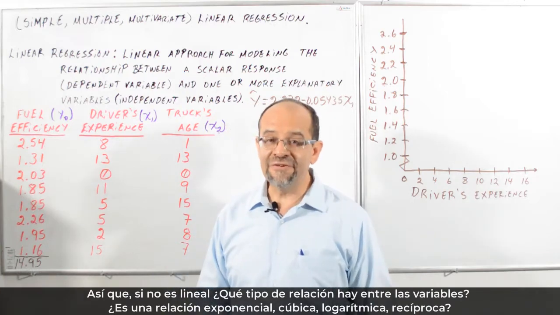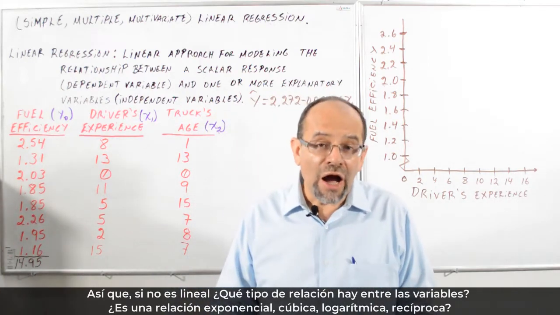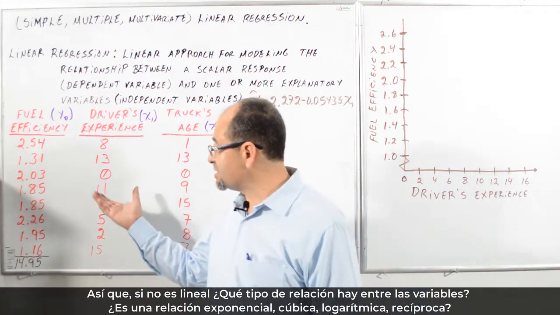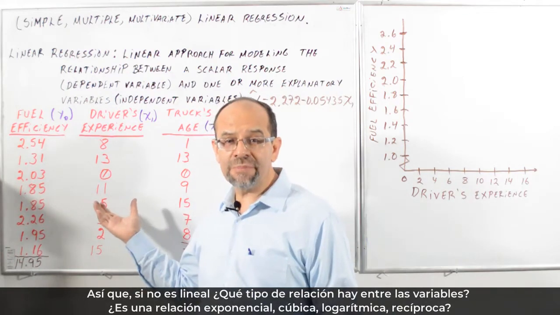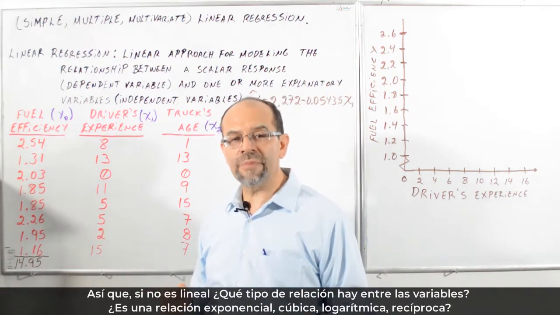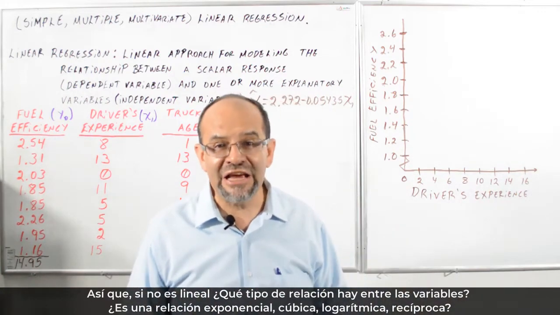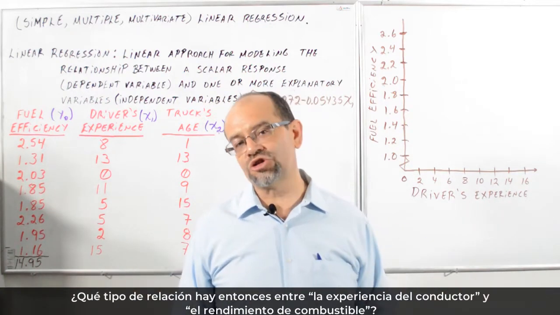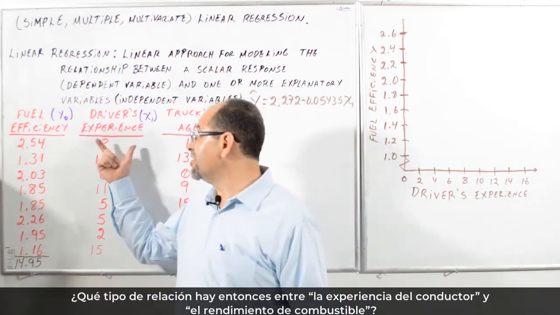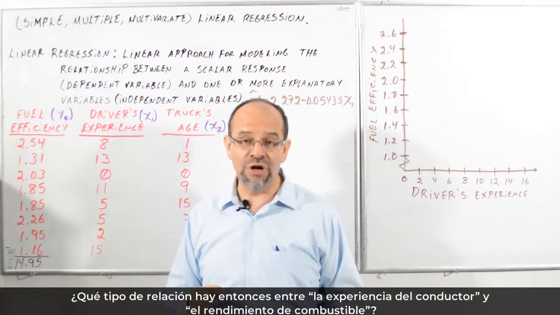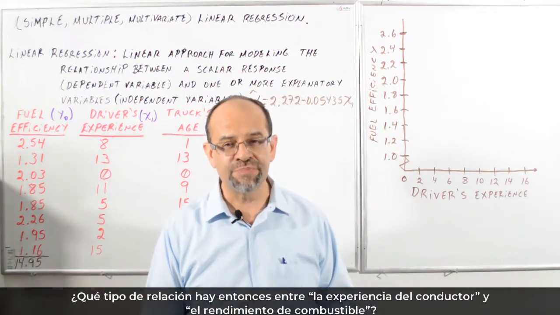So then, if it is not linear, how is that relationship? Is it an exponential relationship, a cubic relationship, a logarithmic relationship, a reciprocal relationship? What kind of relationship is there between the driver's experience and the fuel efficiency?